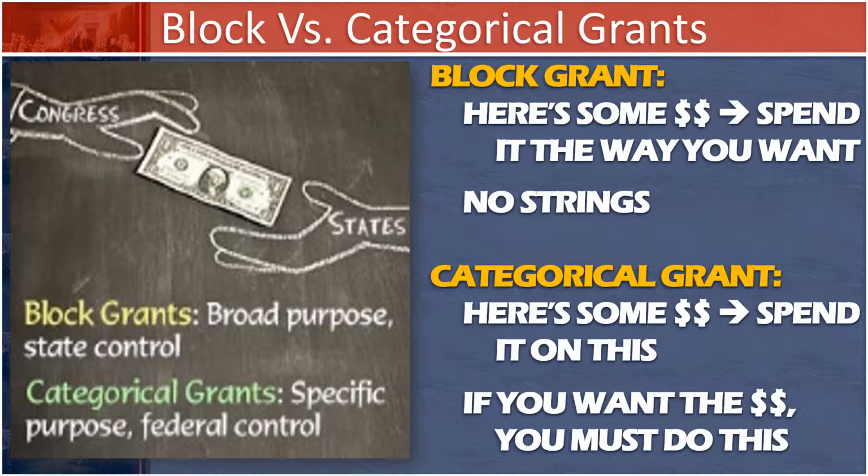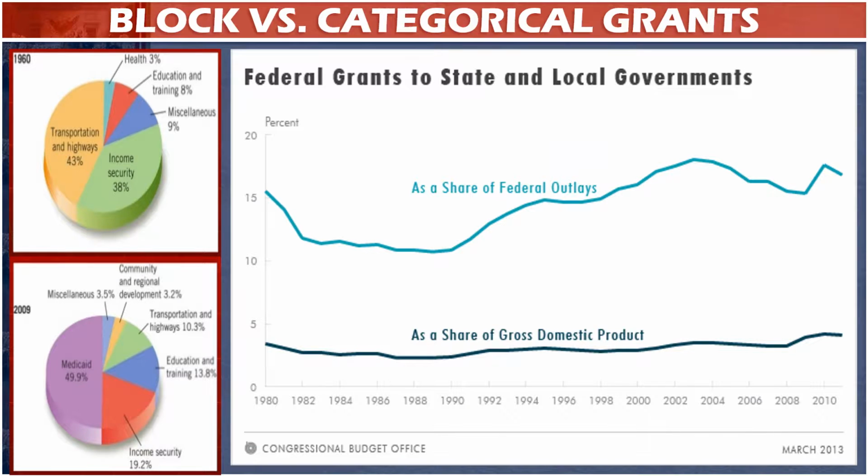A good example of this is special education, where the money basically creates a requirement upon the states to spend a certain percentage of money. Another example was Obamacare, where if they wanted the subsidies for their exchanges, they had to set them up in a certain way. And so it puts a lot of controls, which basically uses the leverage of funding from the national government to influence state and local decision makers.